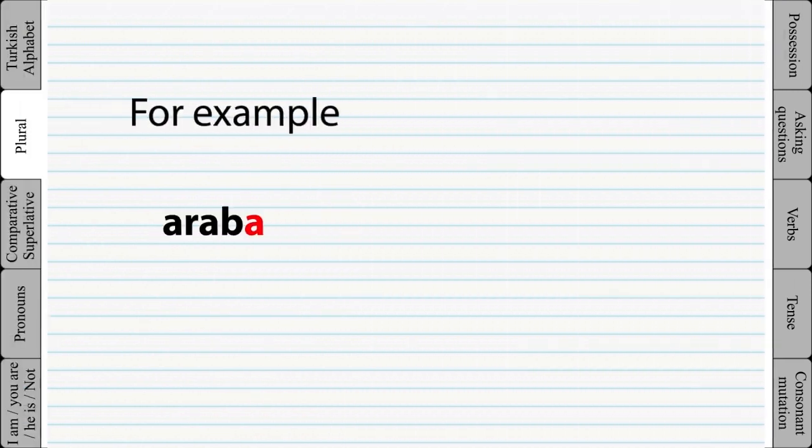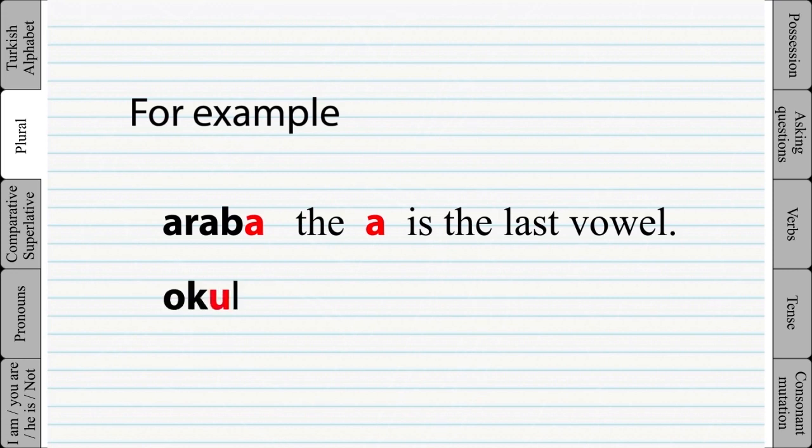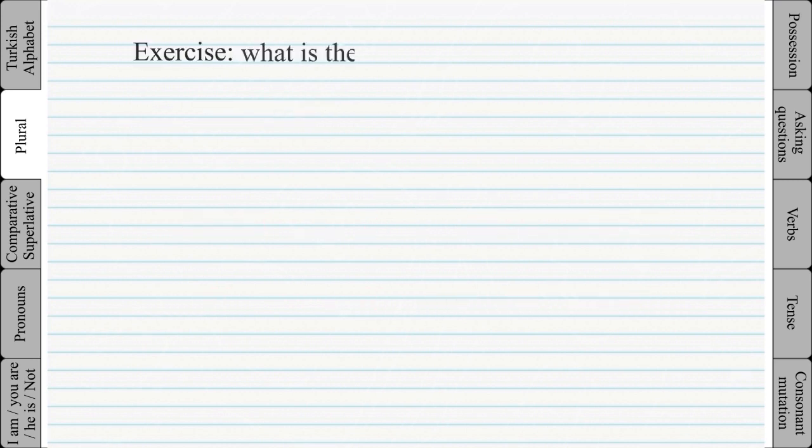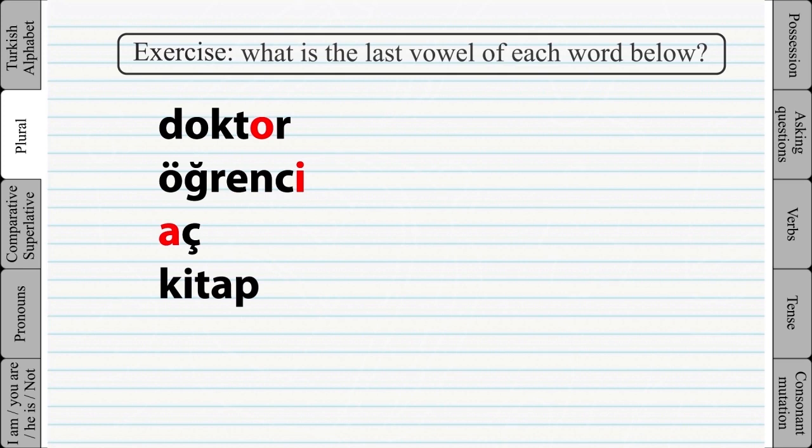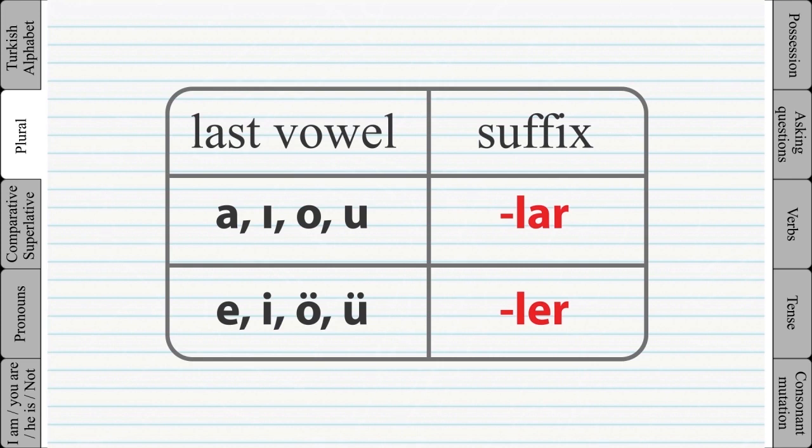For example, the word araba, the A is the last vowel of the word, while in the word okul, the U is the last vowel of this word. Look at the table below to see which suffix should be used to make a word plural.